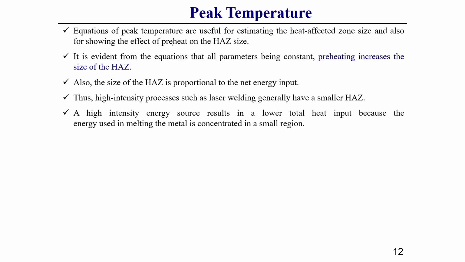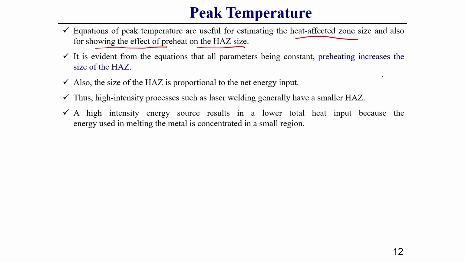So, from the above equation, what can you observe? The equation of peak temperature is useful for estimating the heat affected zone size, and also for showing the effect of preheat on the heat affected zone. Preheat means T0.